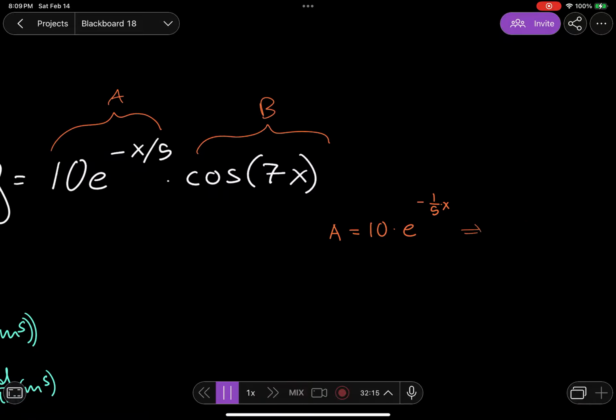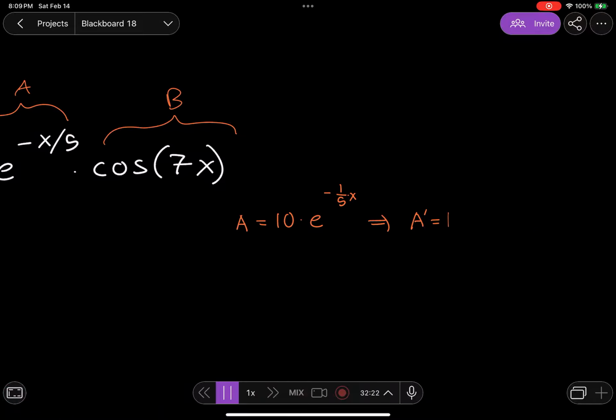Because if I want to take the derivative of this, first of all, the 10's just going to hang out. And then I have the composition of two functions. That's going to be e to the power of something times negative 1/5 x. So what I have to do is take the derivative of e to the power of something, but we all know that's just e to that thing.